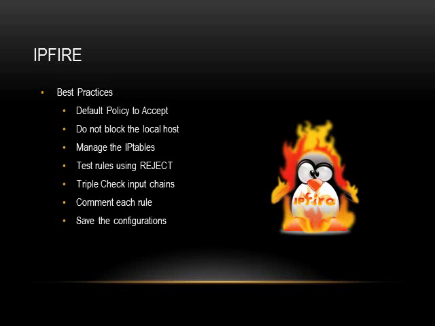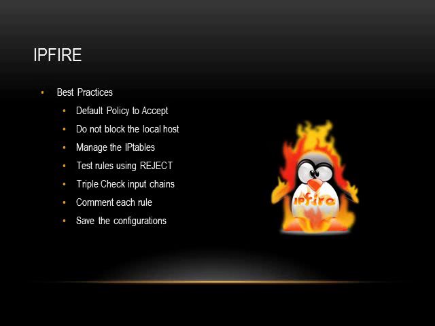The way you manage your IP tables will determine how easy it is to go back and actually troubleshoot, remove, or understand what change you actually made. So if you have a really complicated rule, make sure you do it in separate chains so it's easily manageable when you come back to it. When you test the rule, you should use reject instead of drop.